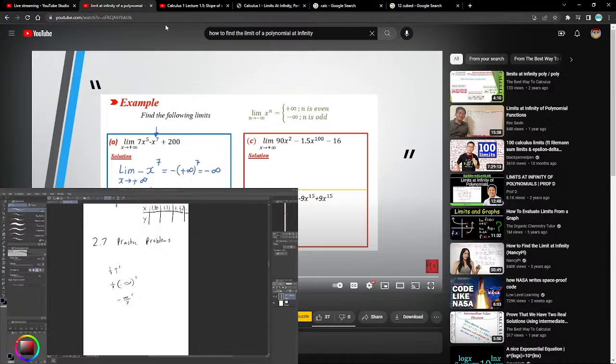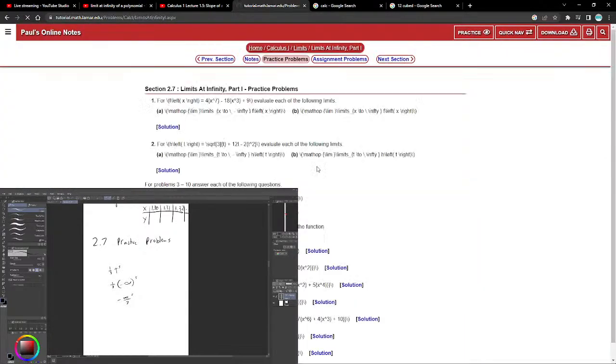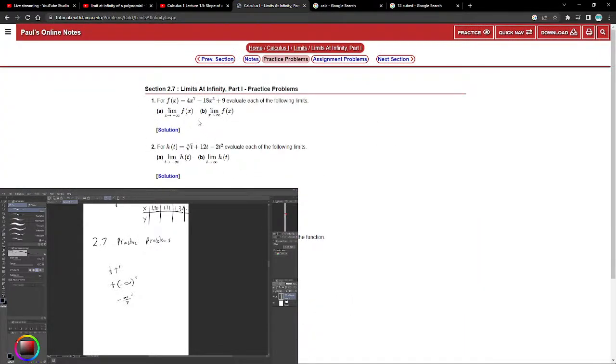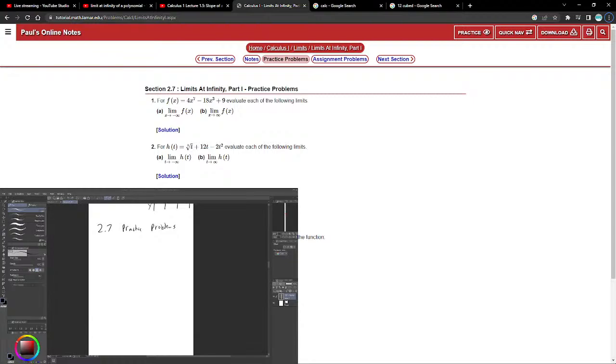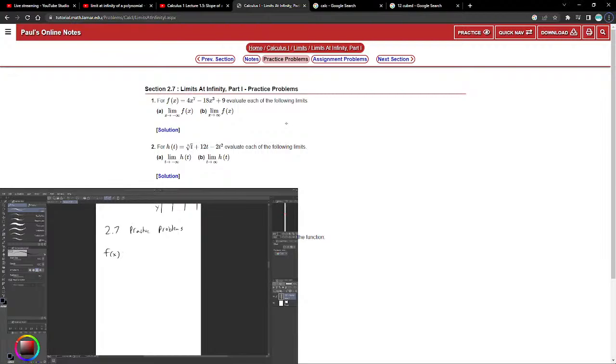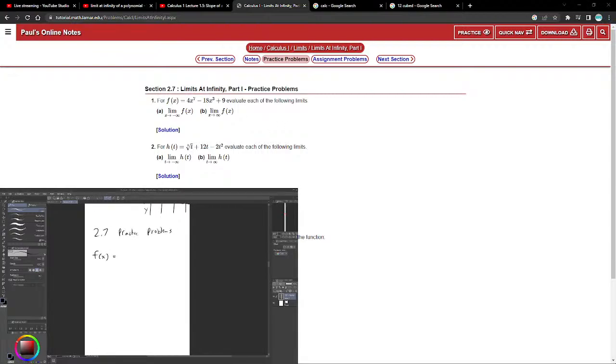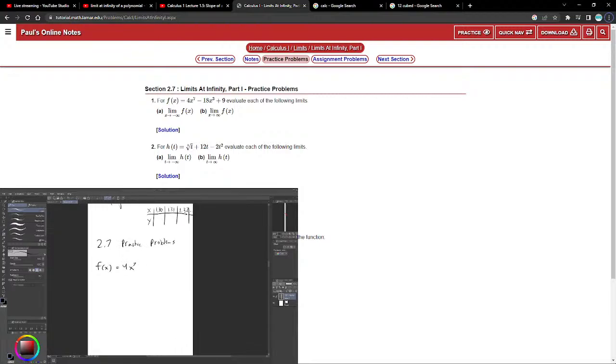I think I get it now. So if I go to the practice problems for this, f of x equals 4x to the power of 7 minus 18x cubed plus 9.